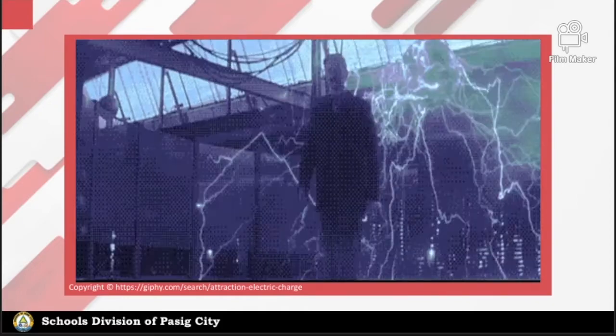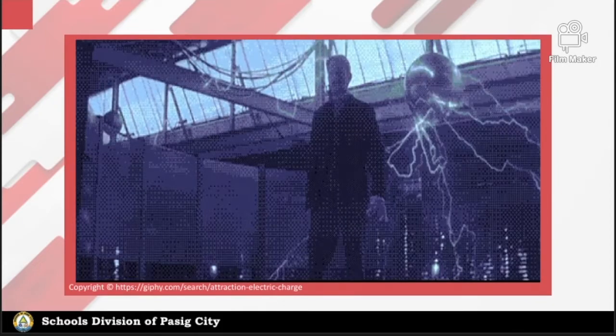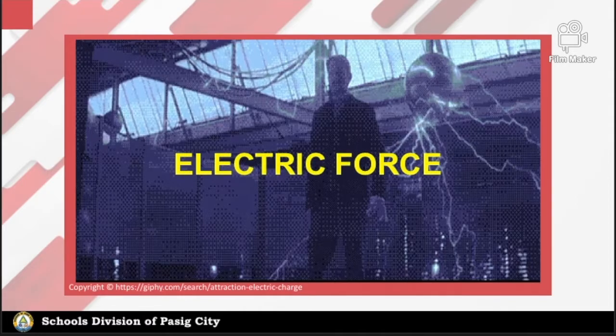What do you call that force around an electrically charged object, which is also responsible for the interaction between two or more electrically charged particles? Do you know what force that is? We call that electric force.